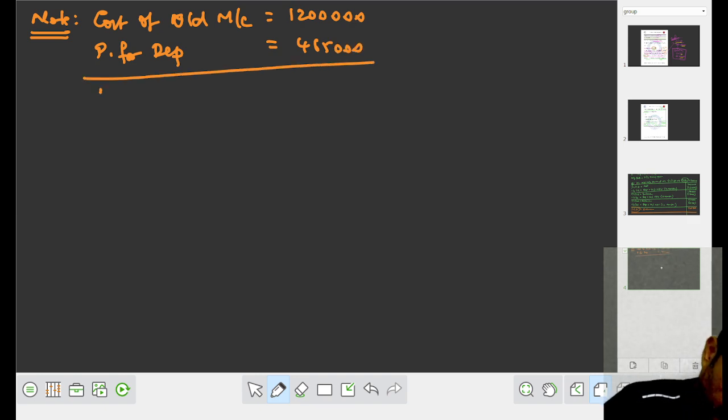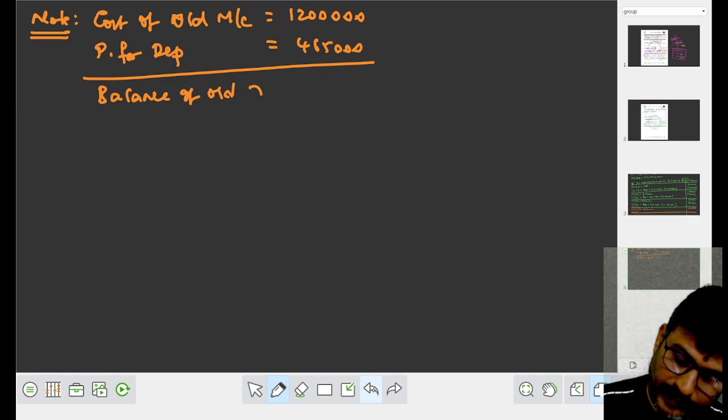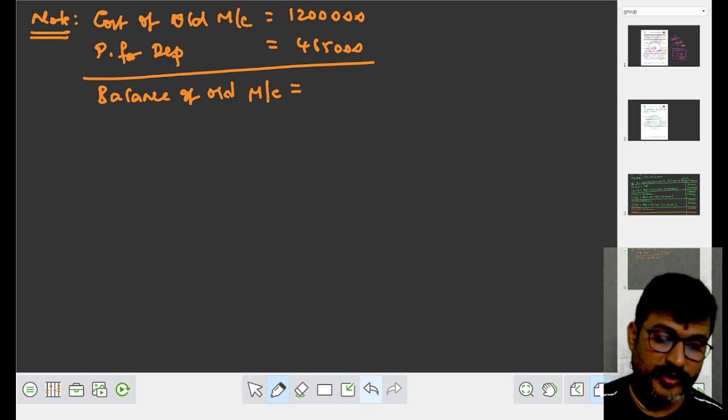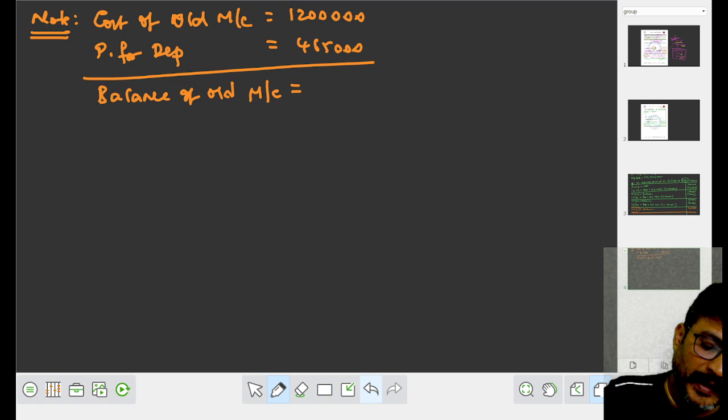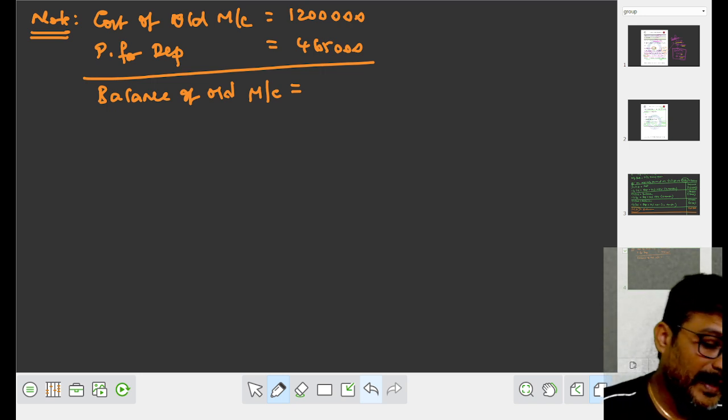Now balance of old machinery, how much does it come to? Out of 12 lakh subtract 4,65,000. 12 lakh minus 4,65,000 comes to rupees, a balance of 7,35,000.